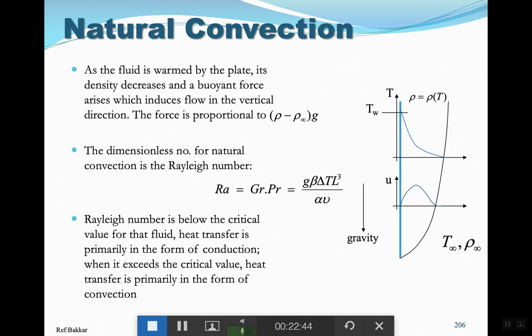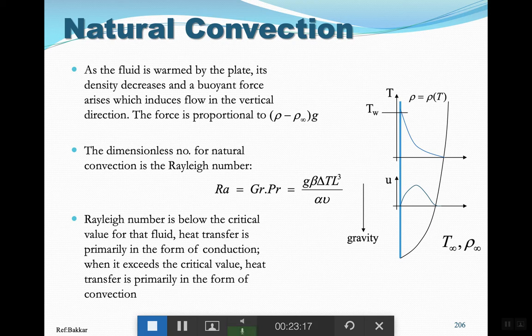The important dimensionless number for natural convection is called the Rayleigh number, which is basically the ratio of conduction to natural convection. So the Rayleigh number is a non-dimensional number that will give you an indication of whether you have to consider natural convection or whether it is negligible in your system.